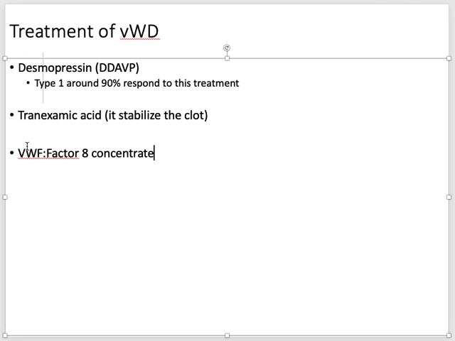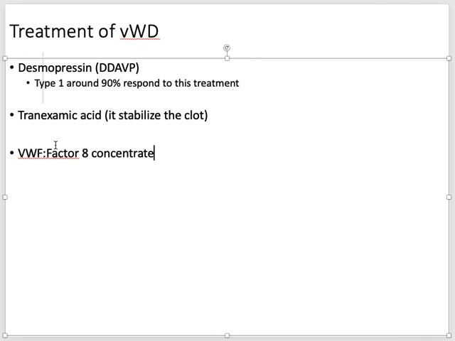Desmopressin increases the release of von Willebrand factor and factor 8 from the endothelial cells, but someone who is not responding to this treatment, it means we have to provide that factor directly. So we can provide this.